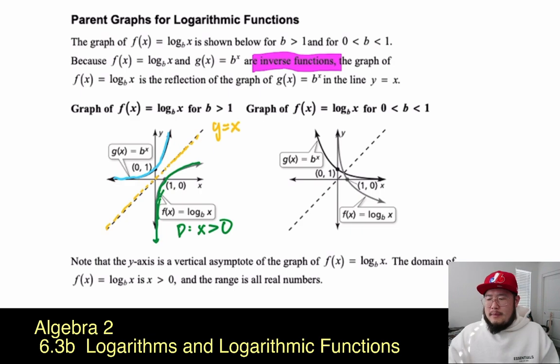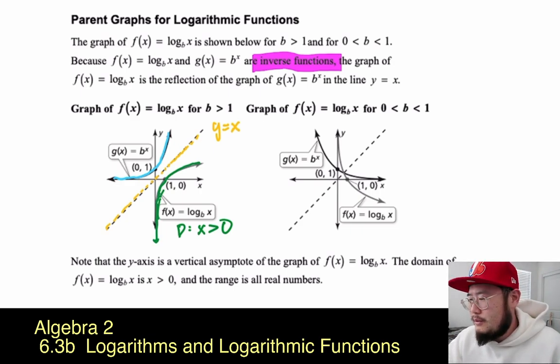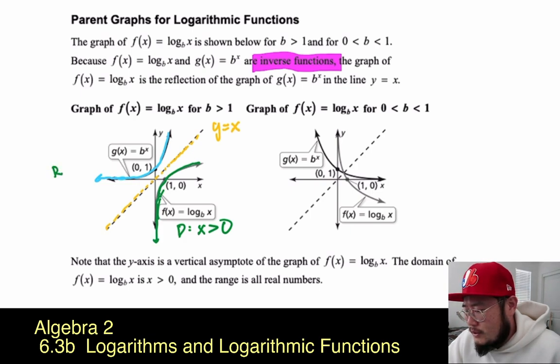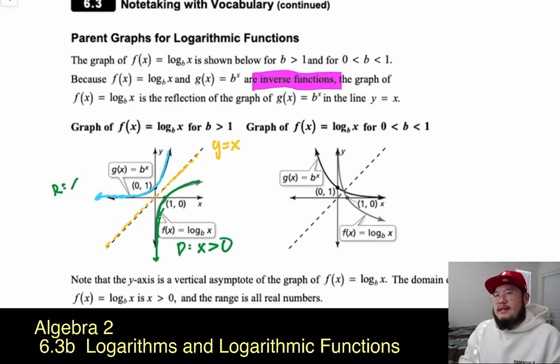Now, how about for the exponential function? We have right there a horizontal asymptote, right? Because if you look down right here at this part, it doesn't cross the x-axis. So my domain is all real numbers. However, the range we have to realize is y is greater than 0.